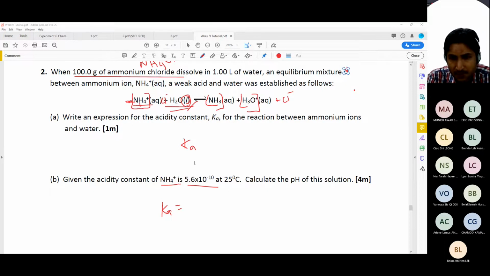For pH, we have to find the hydrogen ion concentration.